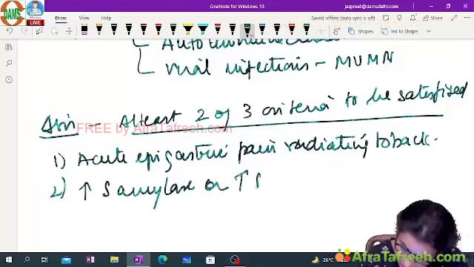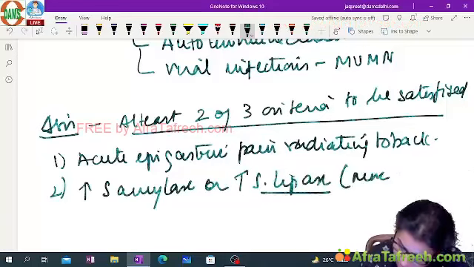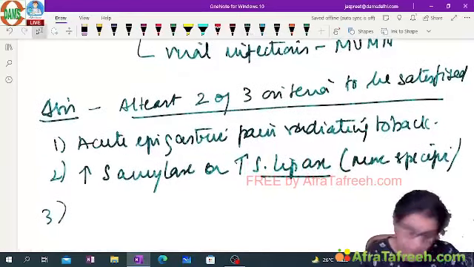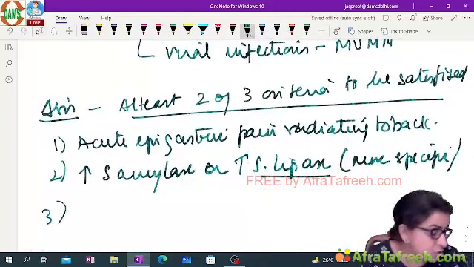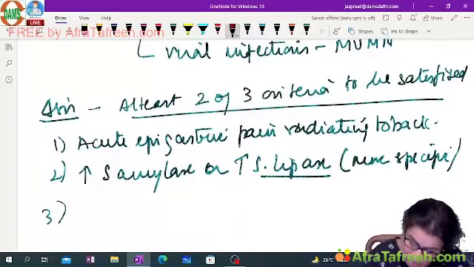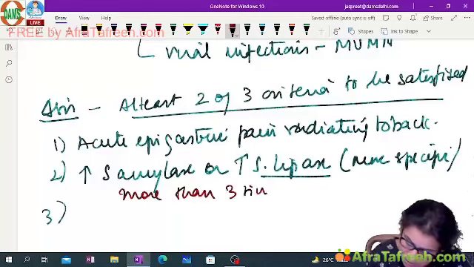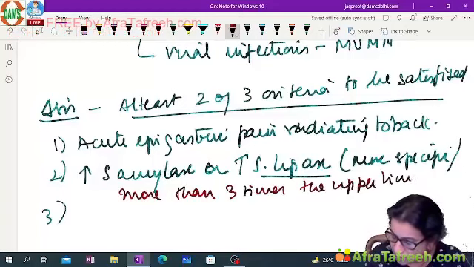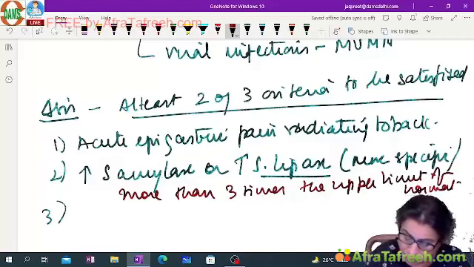These enzymes should be increased more than 3 times, so increased serum amylase or lipase more than 3 times the upper limit of normal.